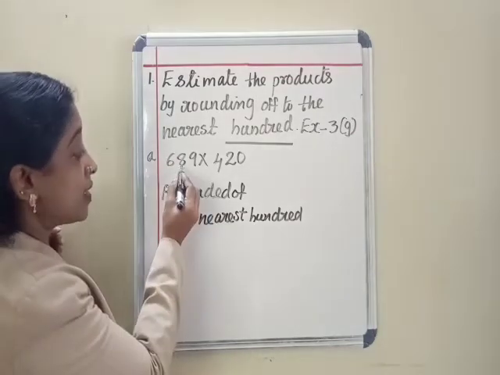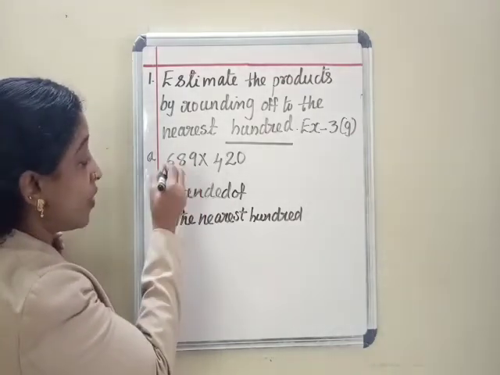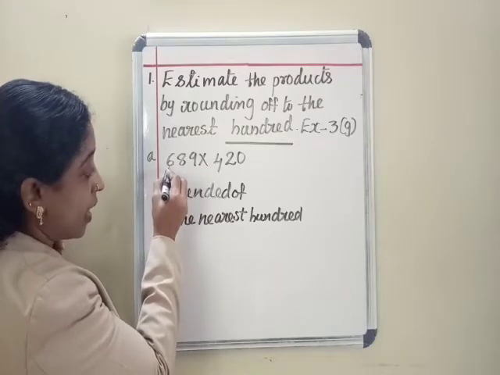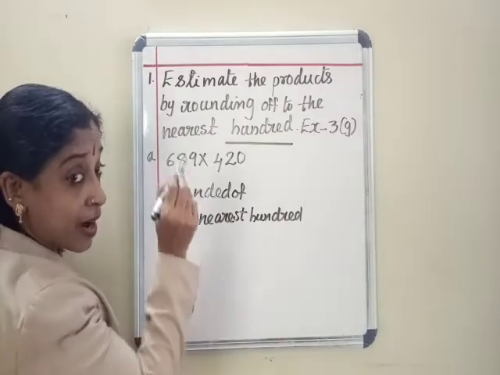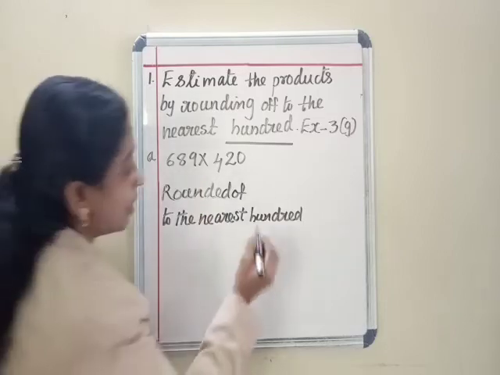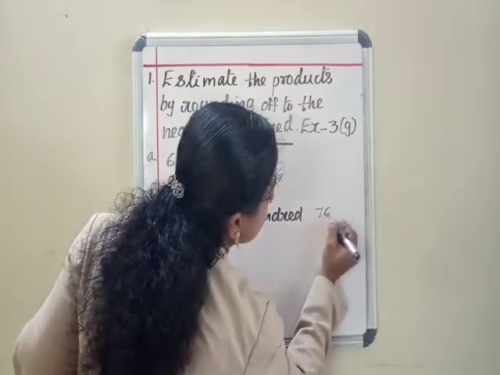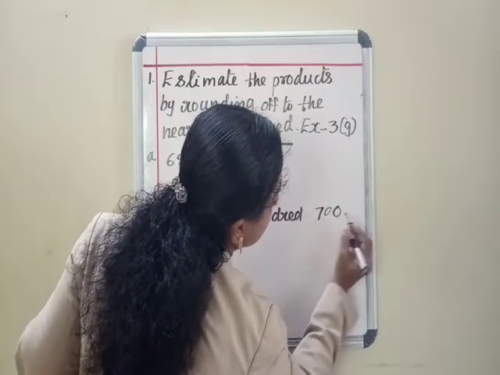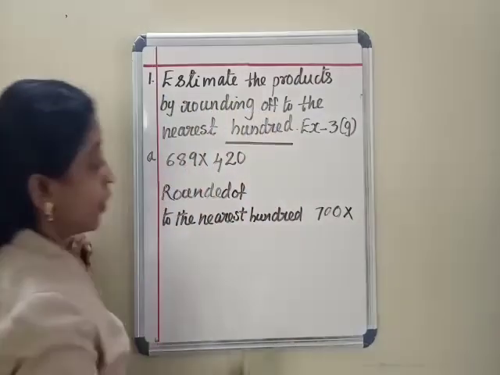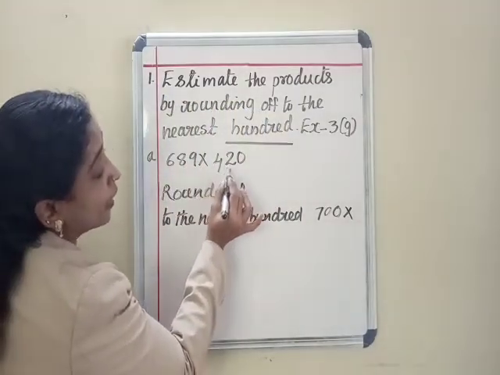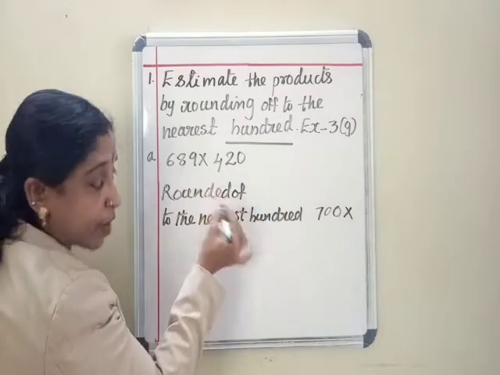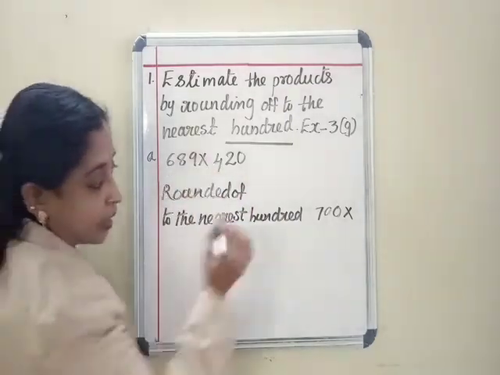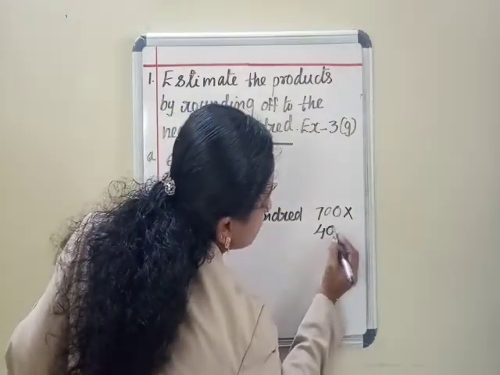Here tens place number is more than 5. So we can add one more 100 to this 100. Then this becomes 700. Now we can write 700 into, here look, tens place number is less than 5. So same 100 we can write, 400.